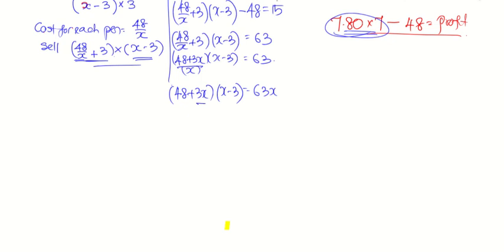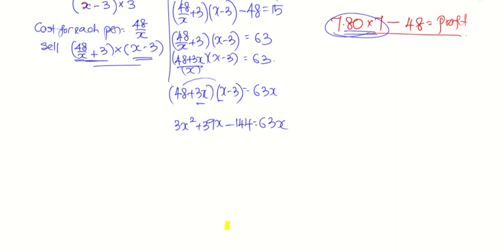So 3x times x is 3x squared. Then plus 48x minus 9x plus 39x minus 48 times 3 is 144 equals 63x.